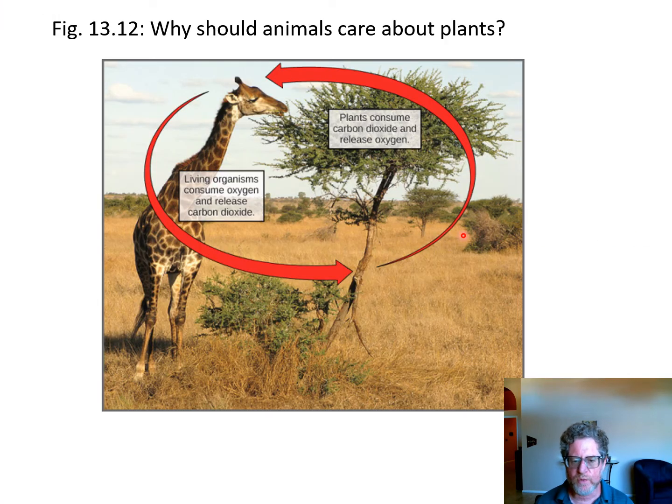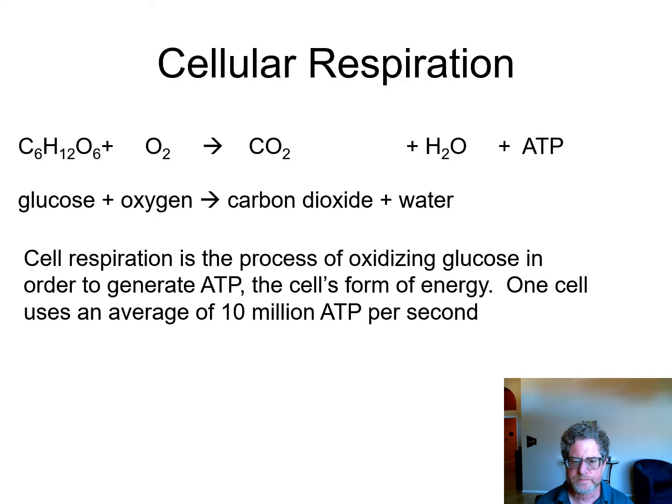Okay, so one reason why plants are important to animals is they're consuming carbon dioxide and giving off oxygen, whereas animals are consuming oxygen and releasing carbon dioxide. So this is cellular respiration, and it happens in the mitochondria in both animals and plants.